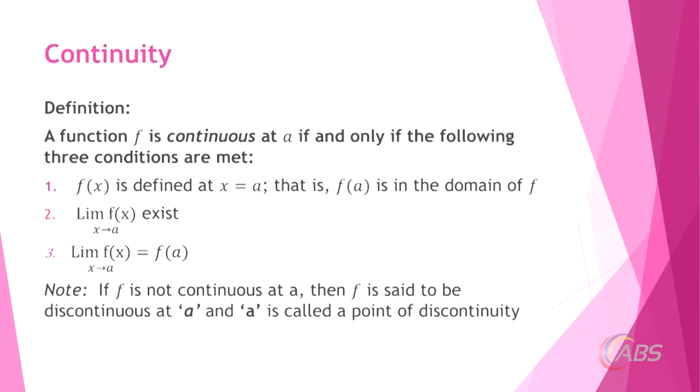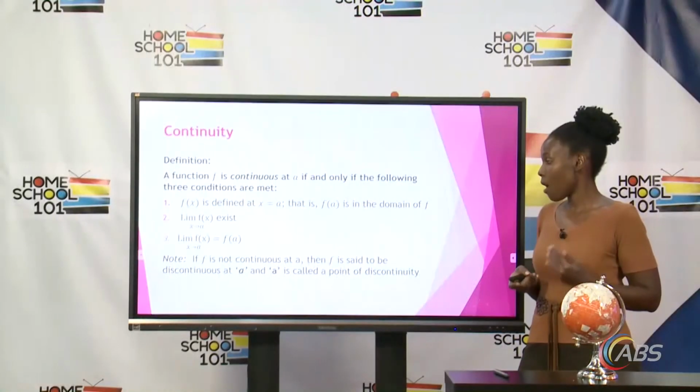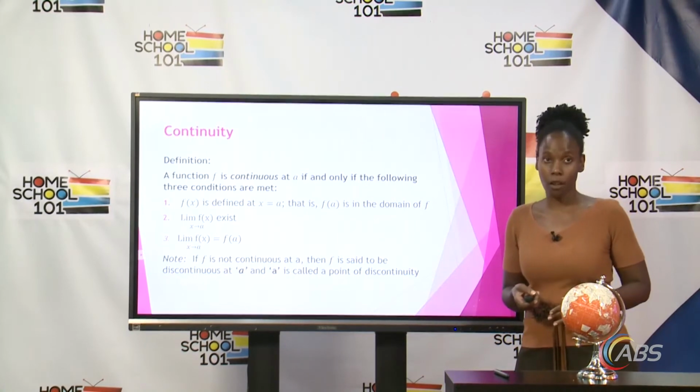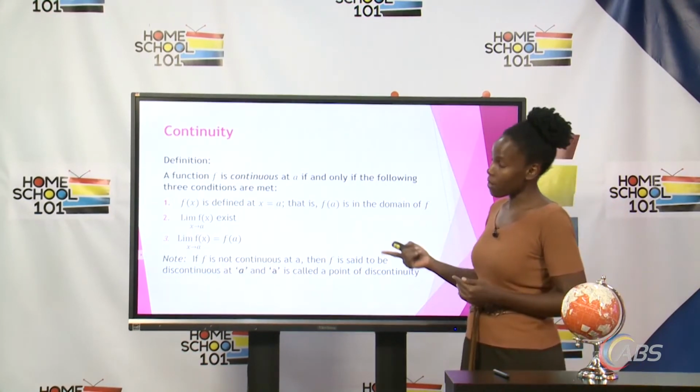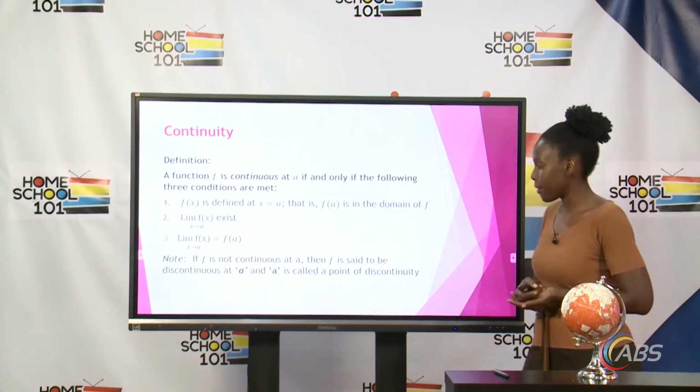And remember, if we're evaluating one-sided limits, the limit exists if and only if both one-sided limits are equal. And the third condition is that the limit of the function must be equal to f of A. So the function is not continuous, or we would say discontinuous, if these three conditions are not satisfied.